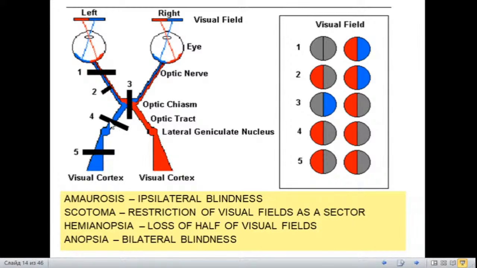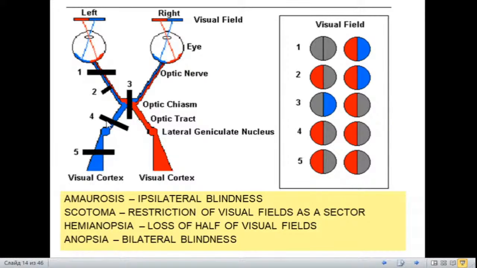For example, the left optic tract, you see it is definitely blue and it gets its fibers, uncrossed fibers from its own side. You see they came from the lateral half of the retina responding for the nasal visual field. And another blue line came from the medial half of the contralateral retina controlling the temporal visual field at the right side.